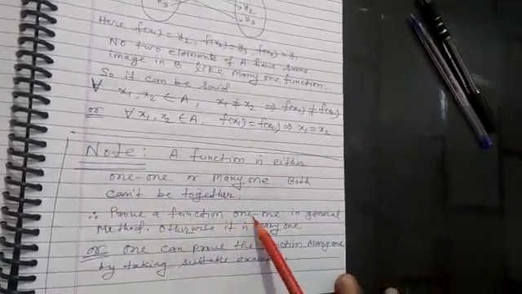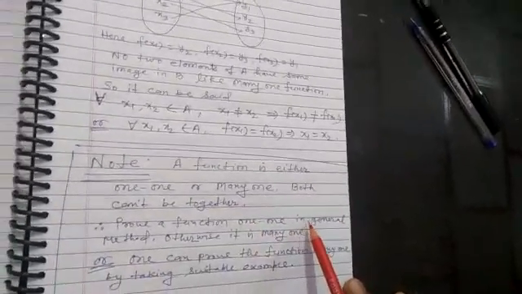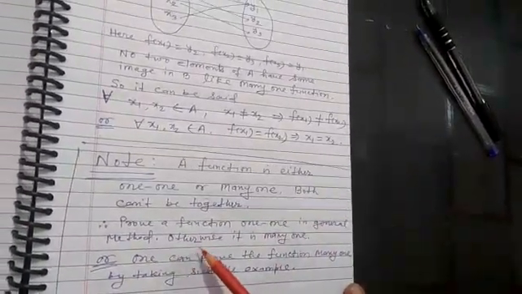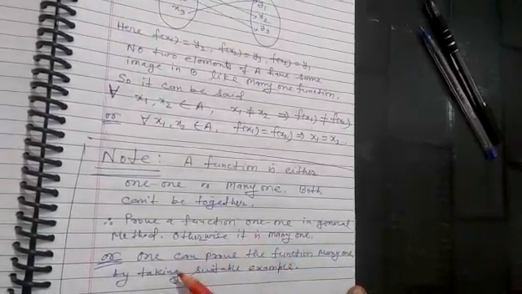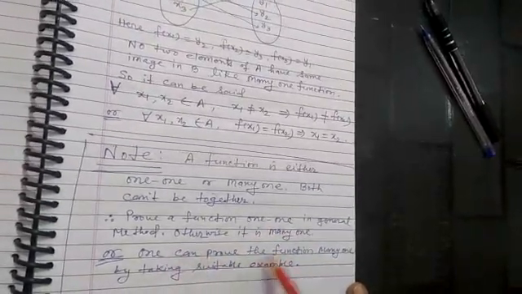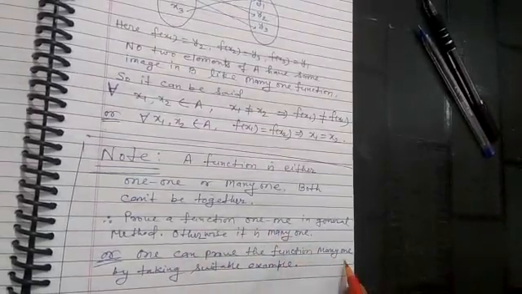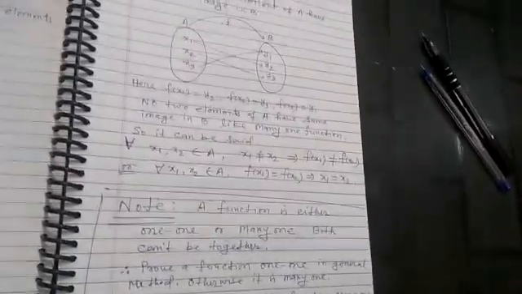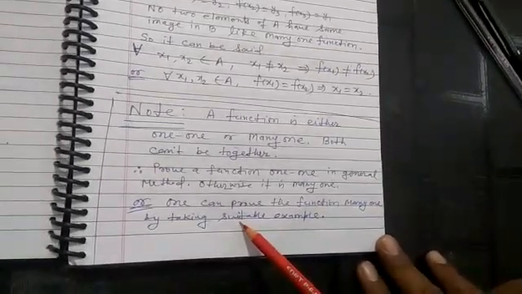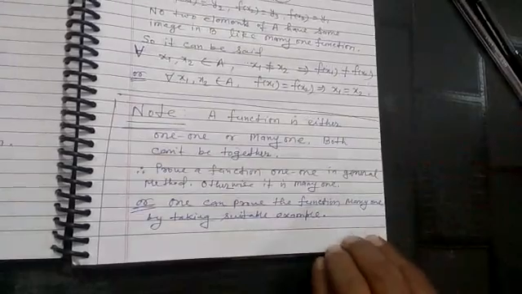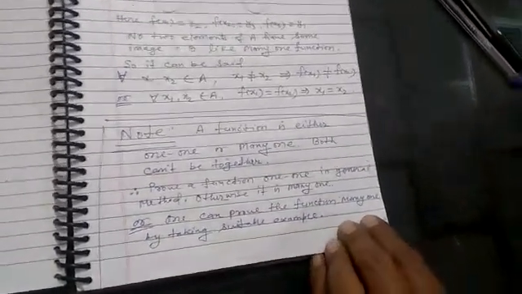If a function is one-one, it is proved in a general way, otherwise it is many-one. Or one can prove the function many-one with the help of a suitable example. If it is many-one, then many-one, otherwise it is one-one. So this is the way we prove one-one or many-one.